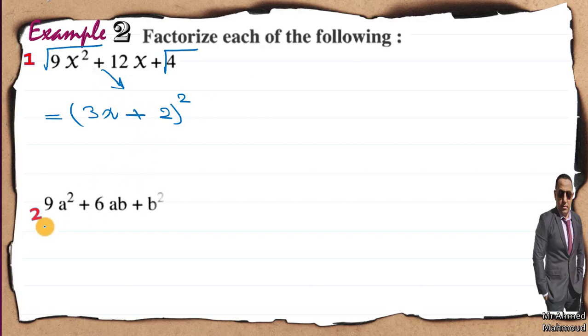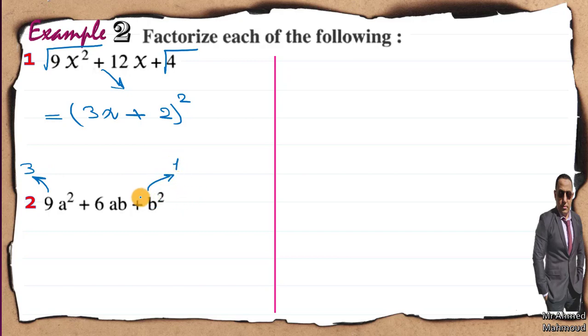Okay, next. Here, 9a power of 2 plus 6ab plus b power of 2. The order is correct, and there isn't any common factor. Here 9 is a square, its square root is 3. And here there is 1, its square root is 1.